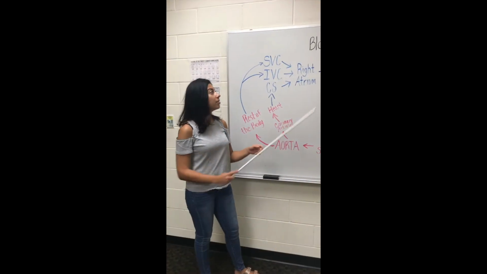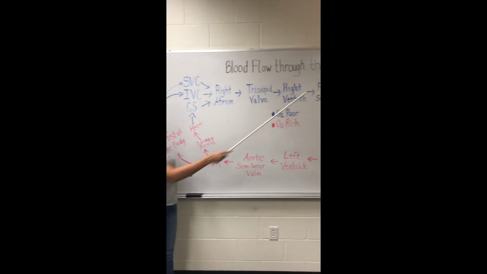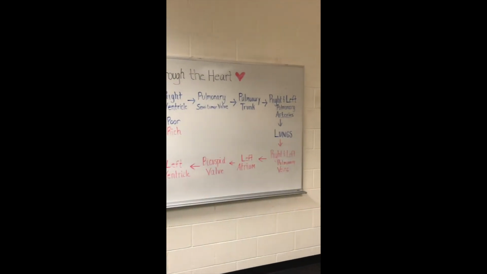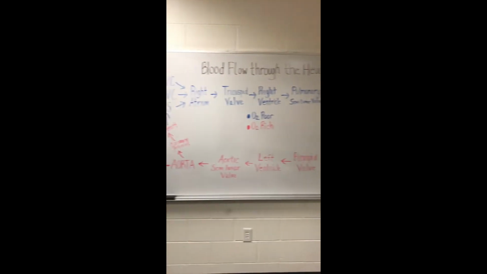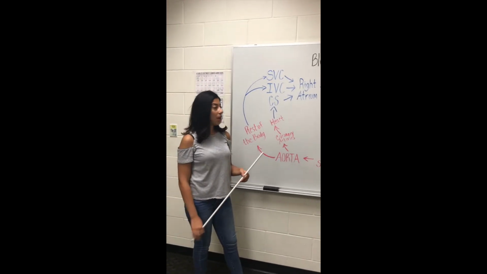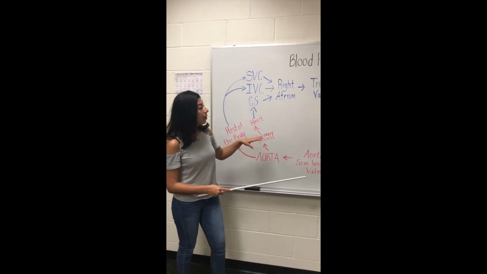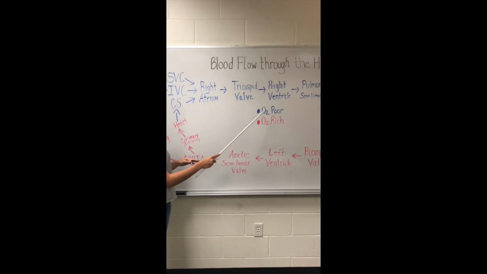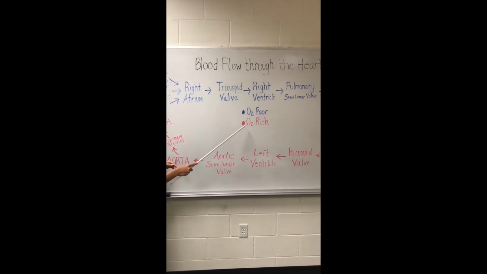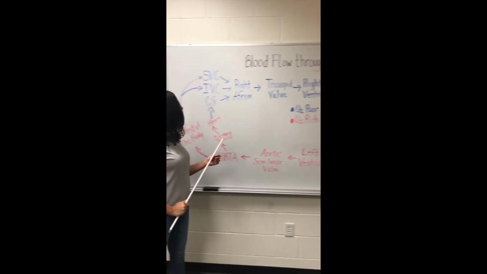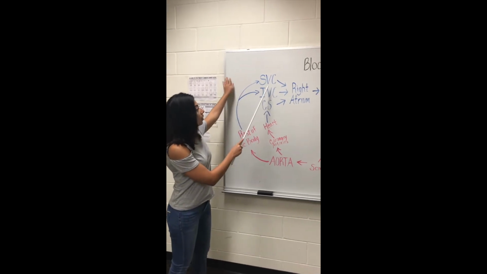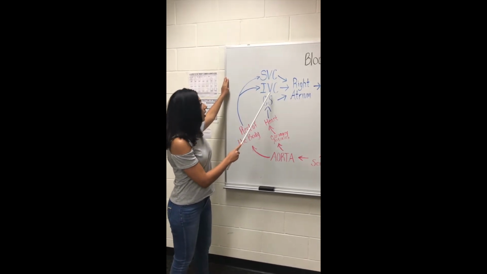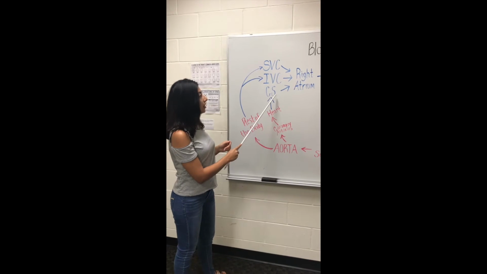Okay, so today we're going to be talking about the blood flow through the heart. Okay, so in our diagram, the blue represents the oxygen poor and then the red represents the oxygen rich, just so you guys know. So here we start off with the superior vena cava, inferior vena cava, and coronary sinus.